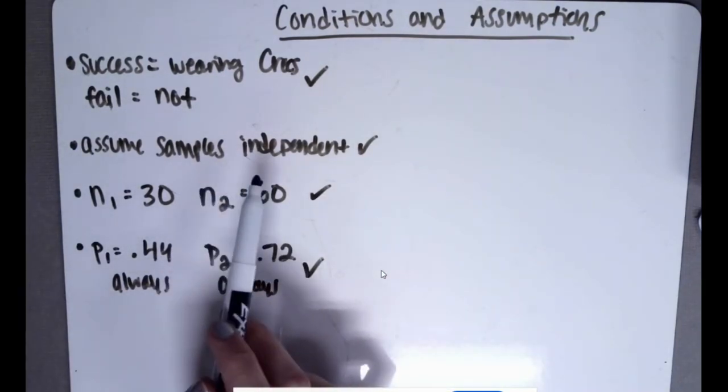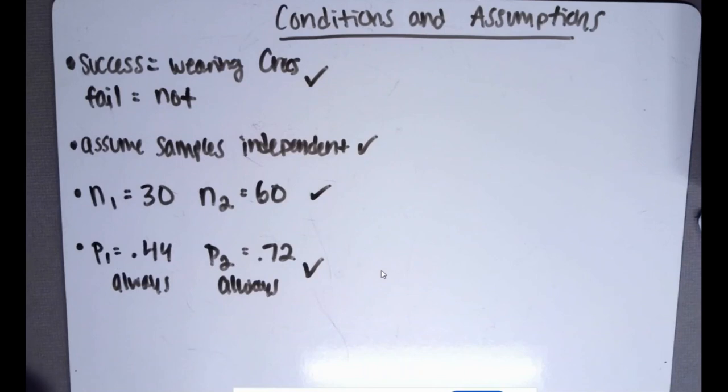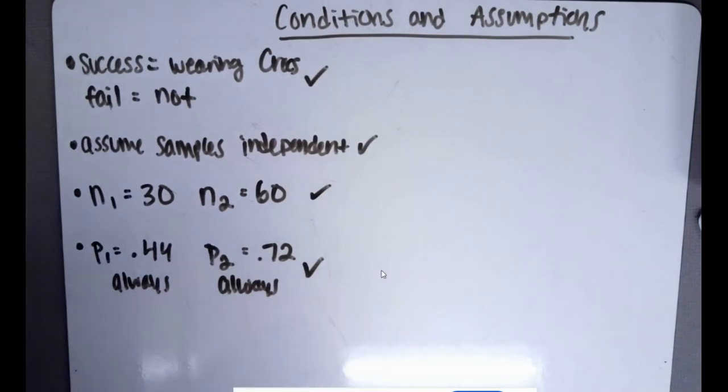Now, related to independence, we need to check what's called the 10% condition. When we're sampling without replacement, taking those samples out of the population is going to change the probability for our next draws a little bit. This is a negligible amount of change as long as our sample is a small portion of the population.